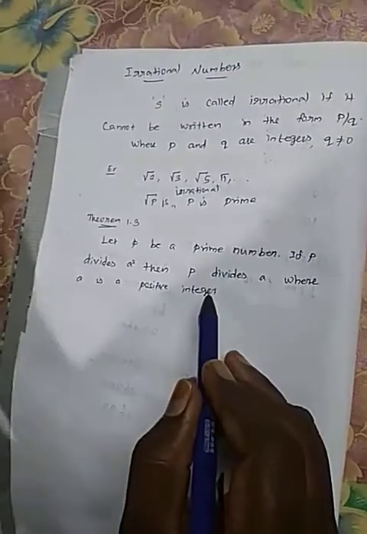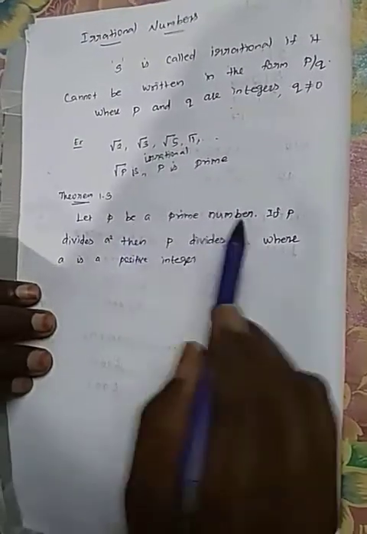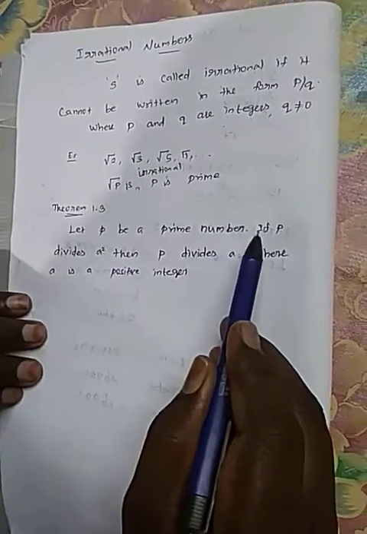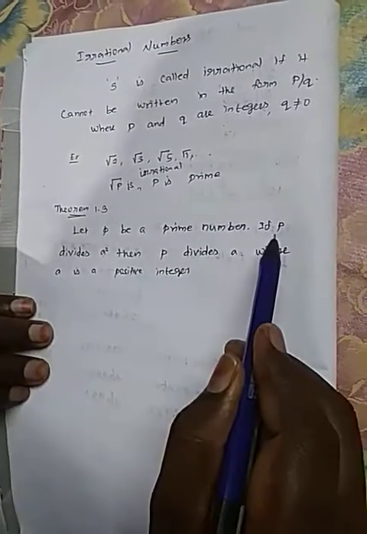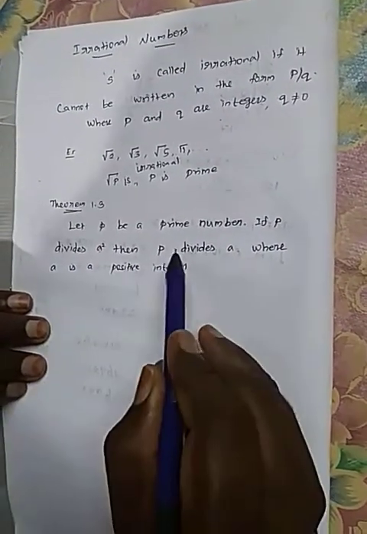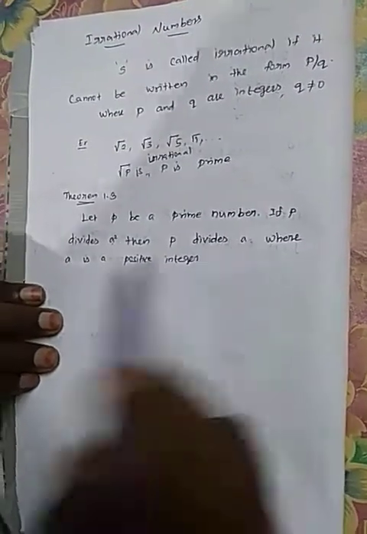Just the definition is enough, the proof is not needed, but I will explain. What is it? Let p be a prime number. If p divides a square, then p divides a.